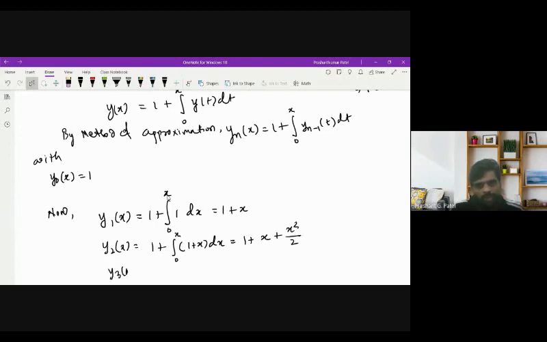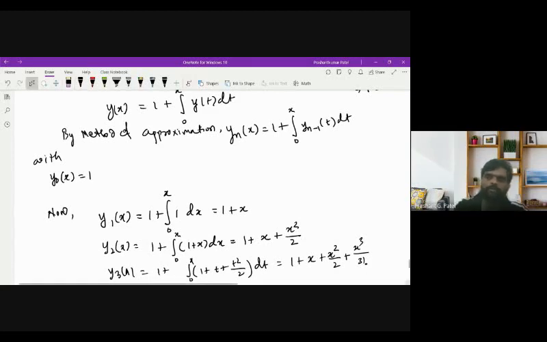y3 of x will be 1 plus integral 0 to x of 1 plus t plus t square by 2 dt. If you integrate this, this will give you 1 plus x plus x square by 2 factorial and x cube by 3 factorial, because 2 into 3 is 3 factorial.